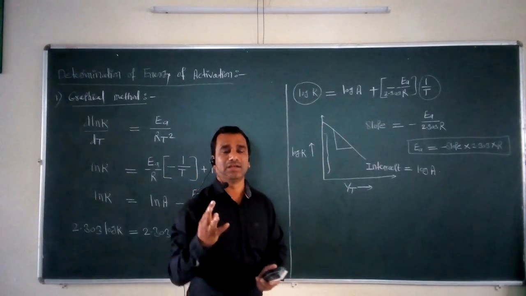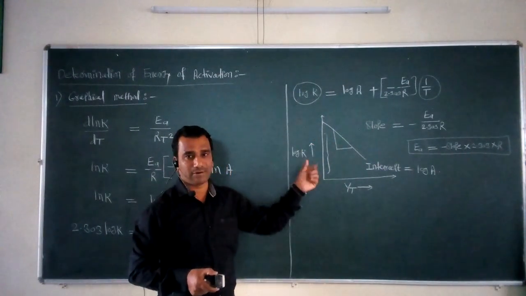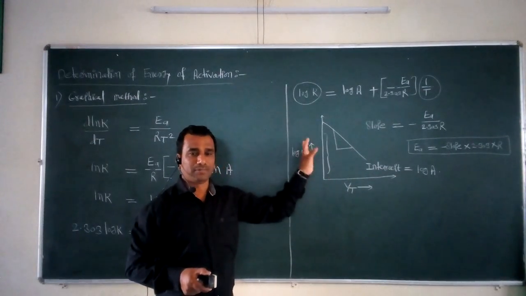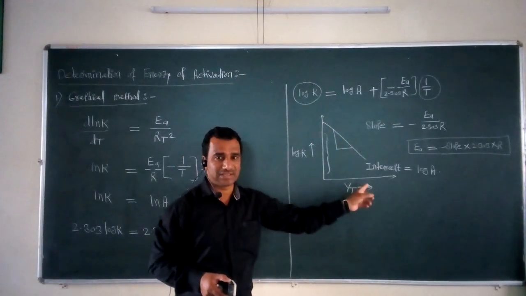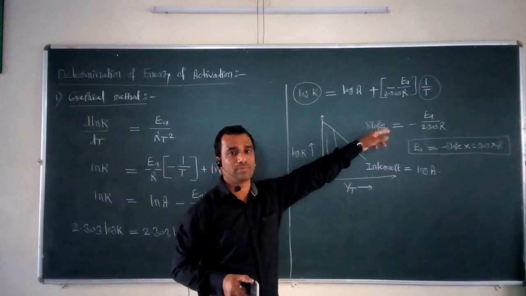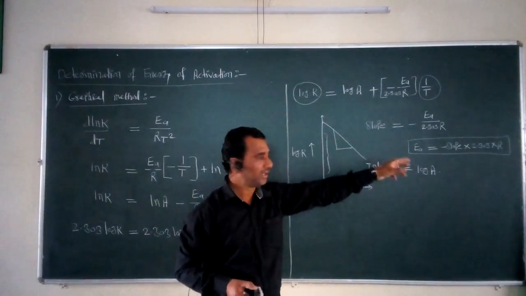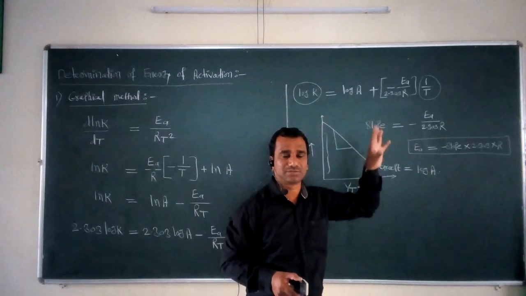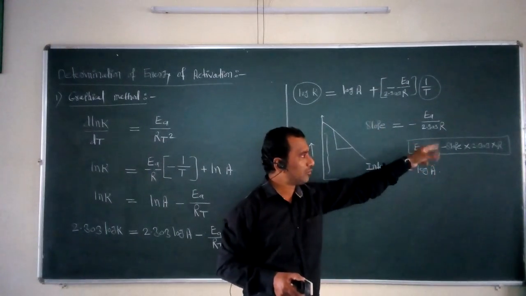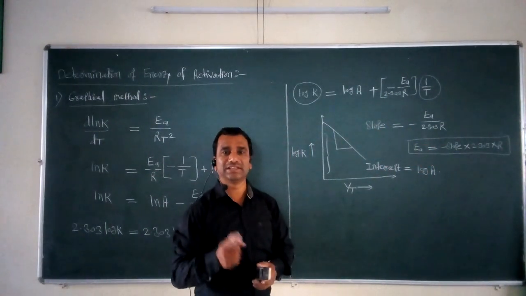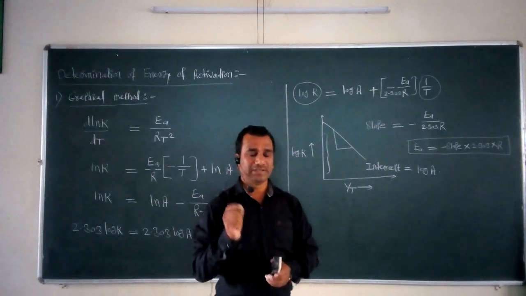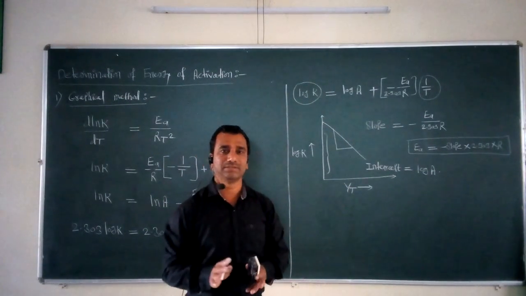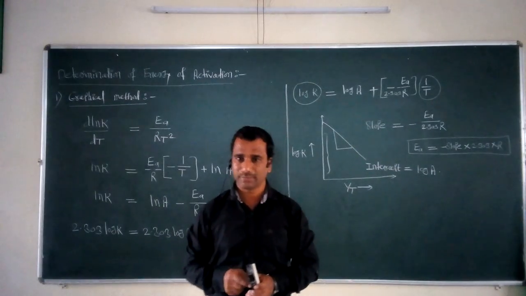After obtaining the different rate constants, we have to plot a graph of log k versus 1 upon T, and after plotting it, we will get a straight line with the slope equal to minus Ea upon 2.303 into R. If we rearrange it, you will get this equation for energy of activation, and by substituting the values of the slope and R, you can easily get the value of energy of activation for a particular chemical reaction. So this is a very simple method for determining energy of activation.